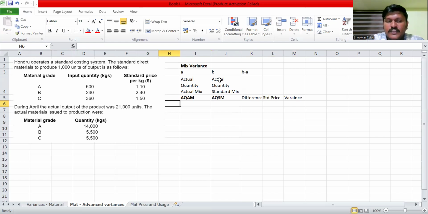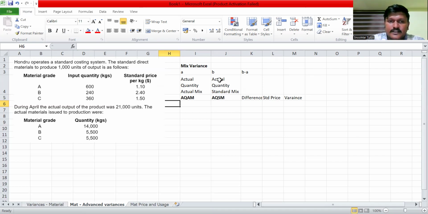So for producing 1,000 units, you require 600 kgs of A, 240 kgs of B, and 360 kgs of C. And on the right side, they have given you the kg price of A, B, and C as 1.10, 2.40, and 1.50 respectively.